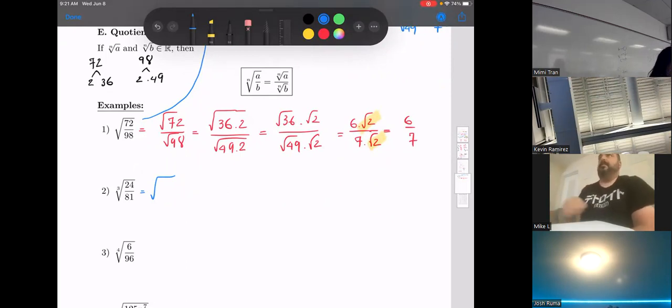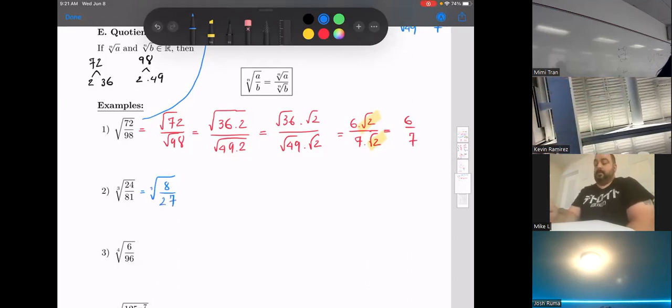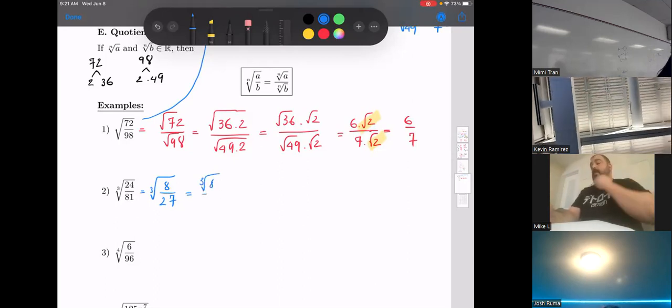Yes, right, so you can simplify. 24 divided by 3 is what? Is it 6? No, 8. And 81 divided by 3 is 27. Oh, this is a cute root. Now you cannot simplify further, so you break it apart: cube root of 8 divided by cube root of 27.